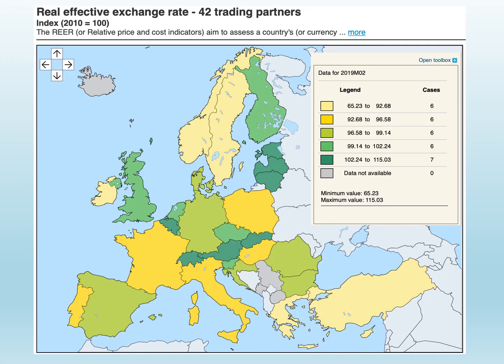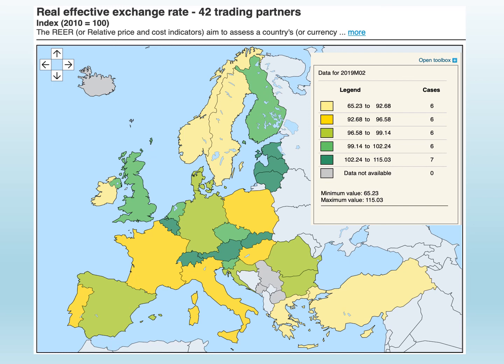This diagram illustrates real exchange rates in Europe, and what is interesting about this diagram is that some of the countries we're looking at are within the Eurozone. What that means is that the exchange rate within those countries is fixed, and the only thing that causes any real exchange rate difference is, of course, what's happening with the inflation rate in that country.